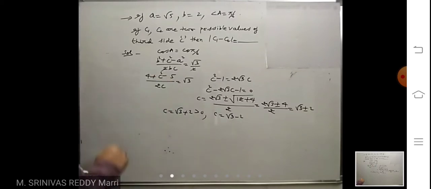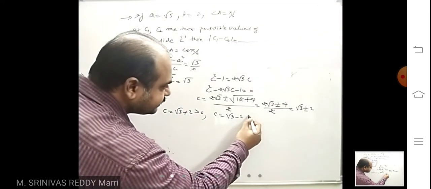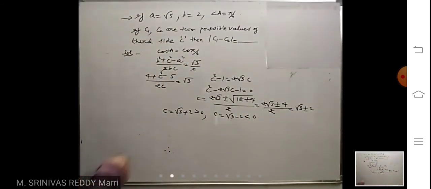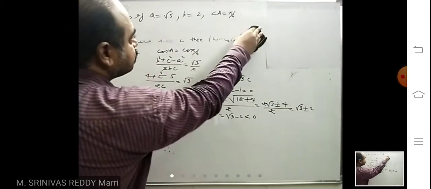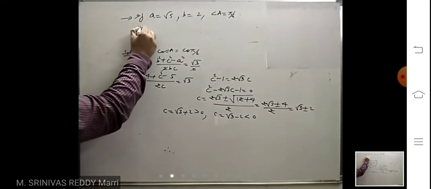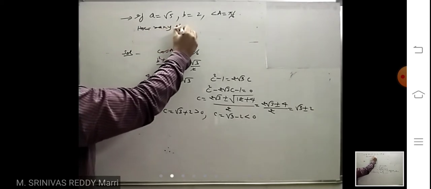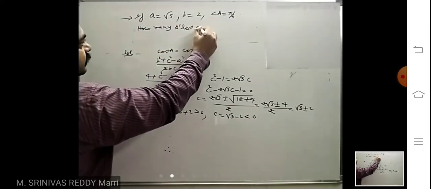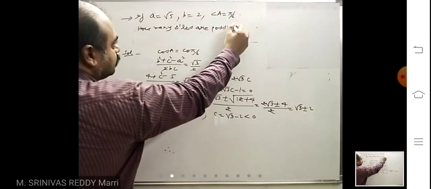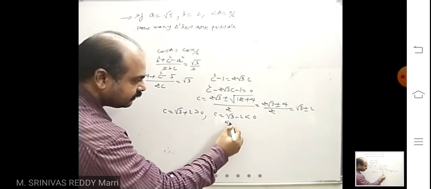Look at here, this is the problem. Two values will not be there. Root 3 minus 2 means 1.732 minus 2, which is less than 0. That value is negative, not possible.